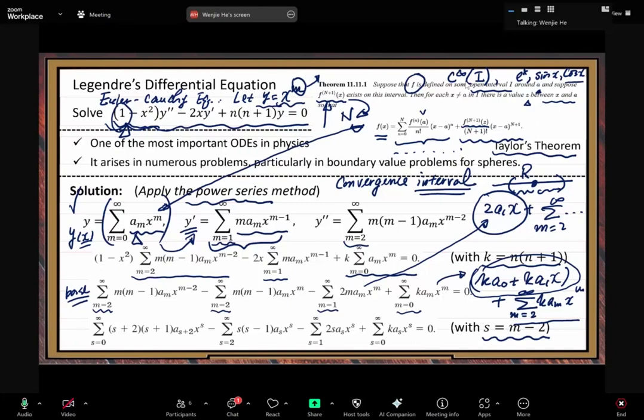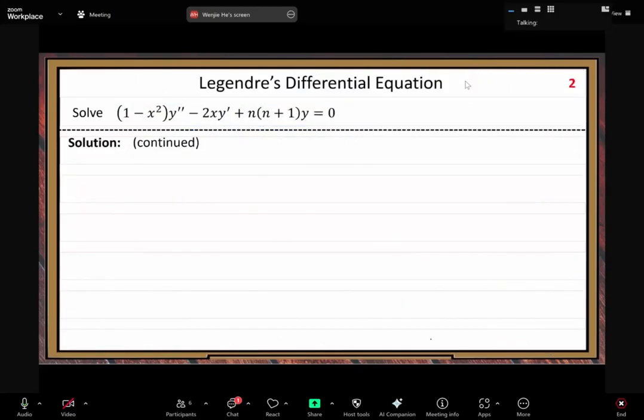Even when you make that change, look here: when m equals 2, it becomes n minus 2. Then look at the first term.